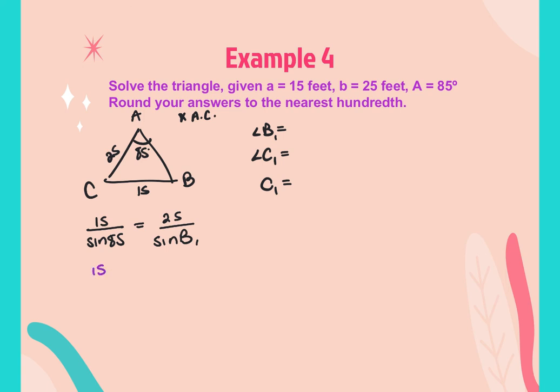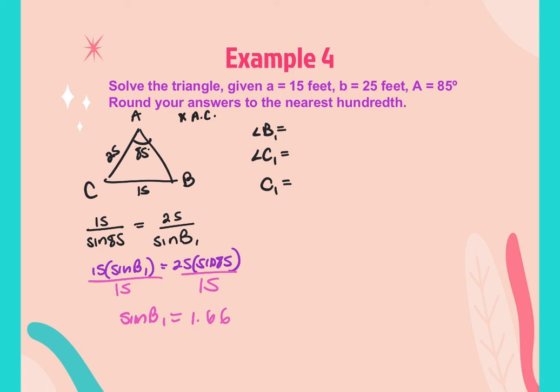Cross multiply: 15 times the sine of B1 equals 25 times the sine of 85. Divide both sides by 15. I get 25 sine of 85 divided by 15, and sine of B1 equals 1.66.